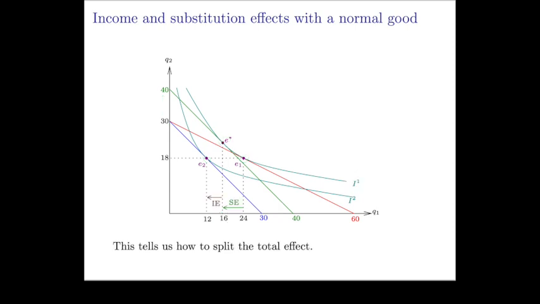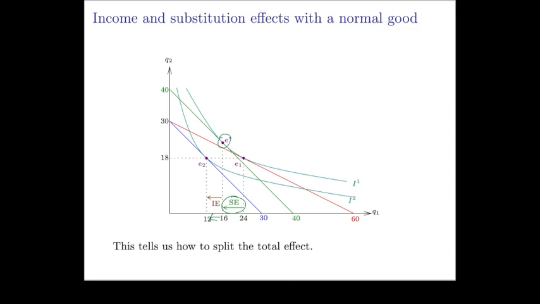So the substitution effect is going to be the difference between 24 and 16, and the income effect is going to be the difference between 16 and 12. So finding this E star tells us how to break up the total effect between the substitution and the income effect.